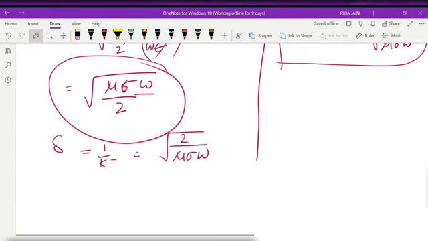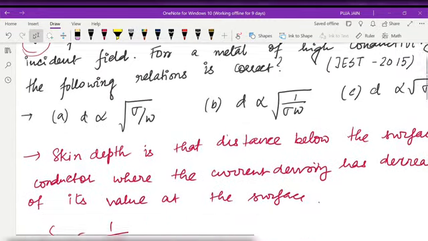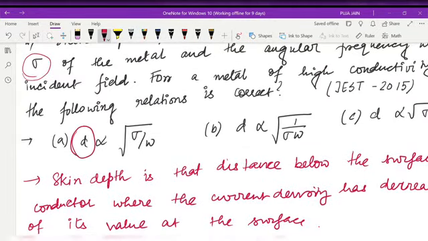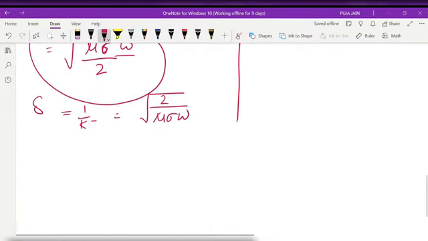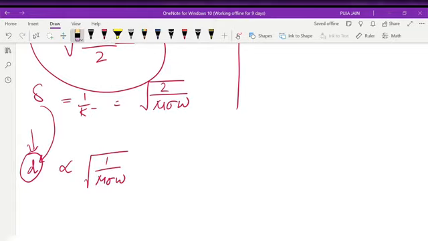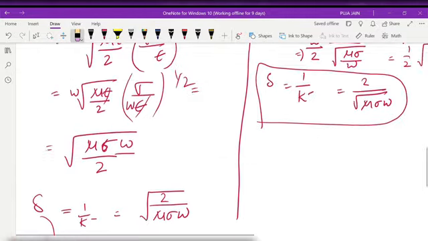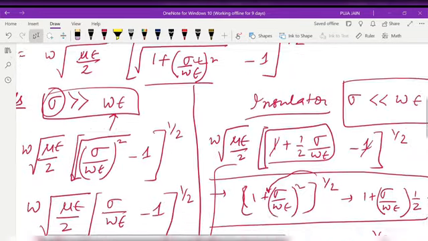So in the question they have asked for metal only. Okay, so where is the question? They have denoted skin depth with D. Okay, so let's see, skin depth is proportional to what? Here in the question delta is D. So it is proportional to root over 1 by mu sigma omega. Now here they have asked dependency on sigma and omega.